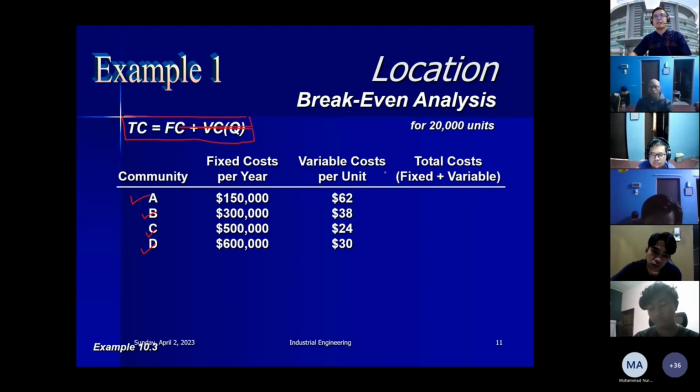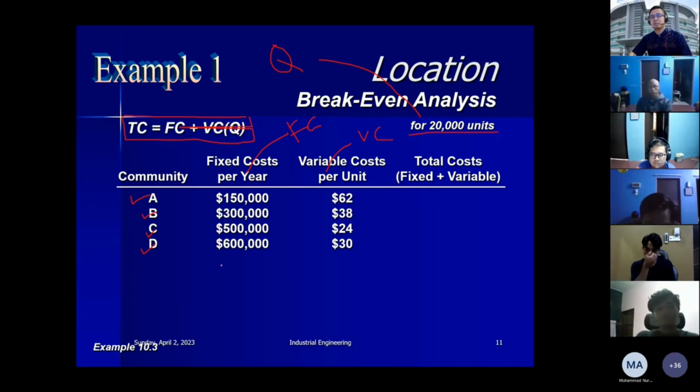This is the fixed cost, FC, this is the variable cost, VC, and they are given to you for 20,000 units. This is what we call Q.